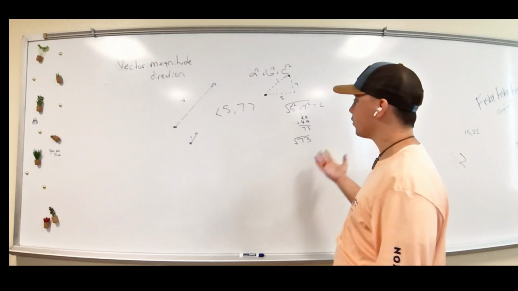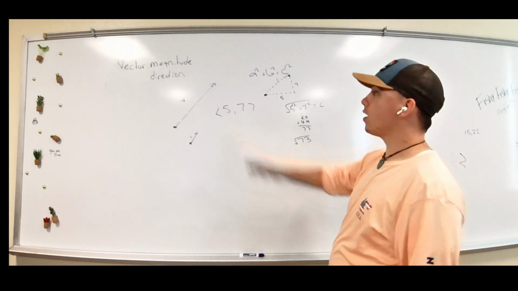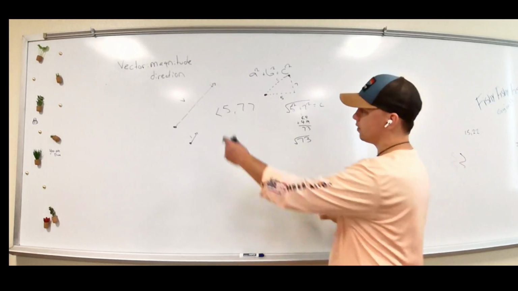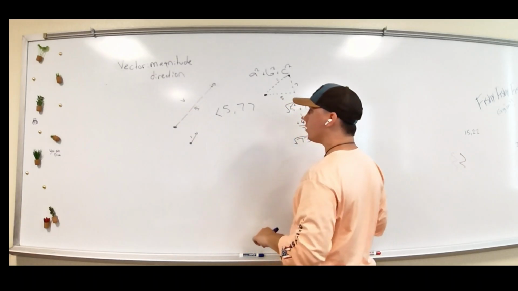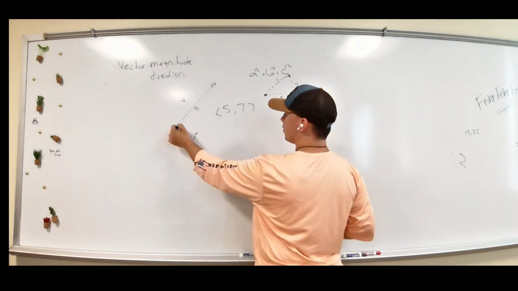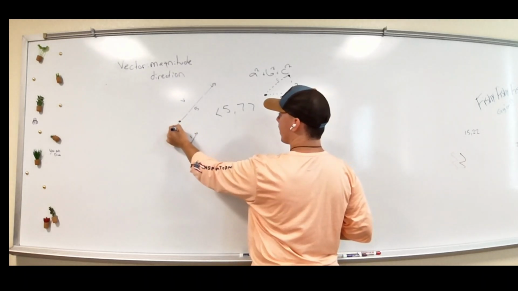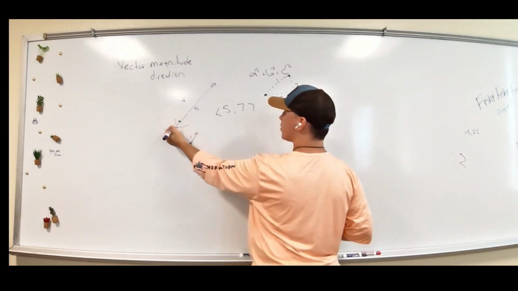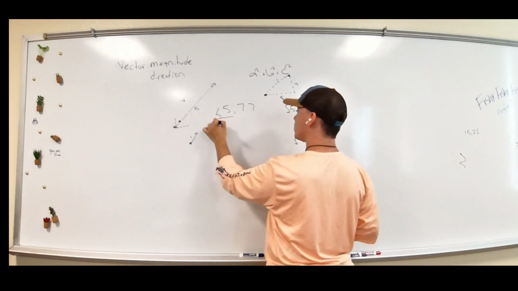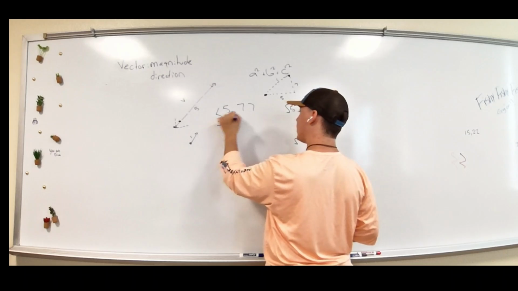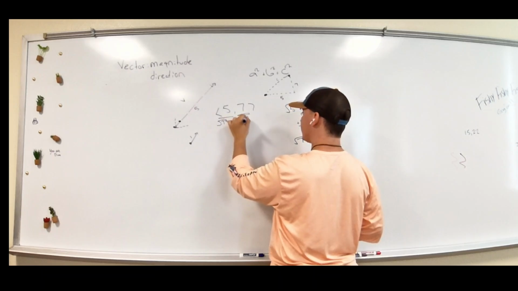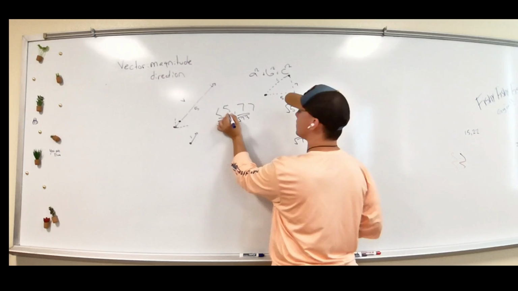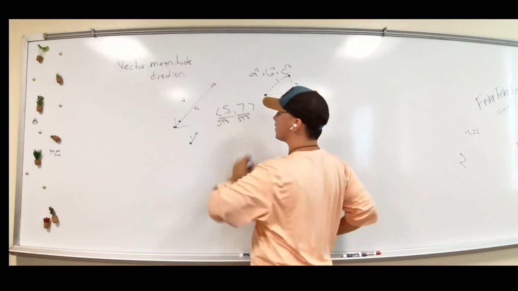The way you calculate it is, remember when the magnitude was 5 and you just divided by 5? Well, if you want a vector right here, it has the x value and the y value, so you just divide the x value by your magnitude and the y value by your magnitude, because each of these is a magnitude in its own respect.